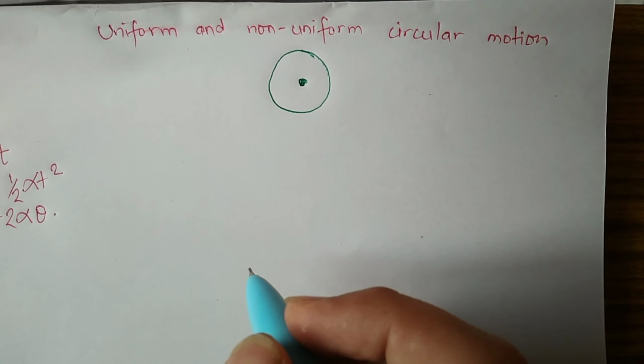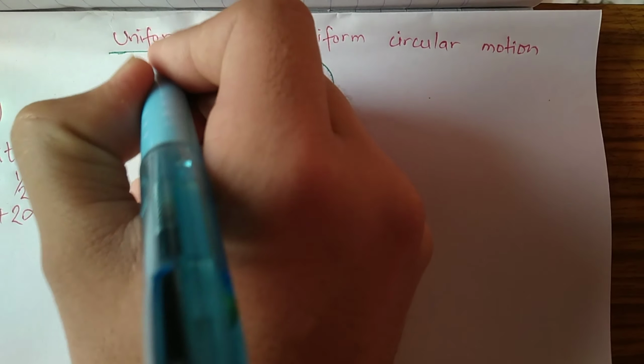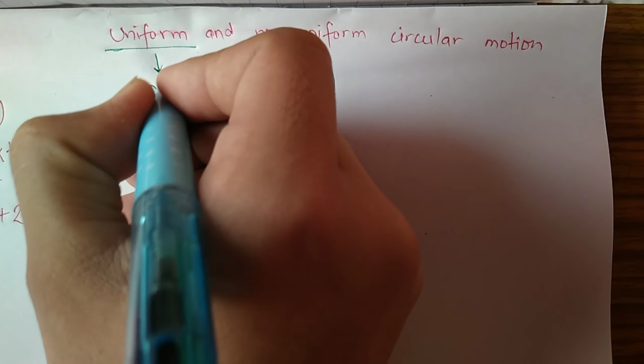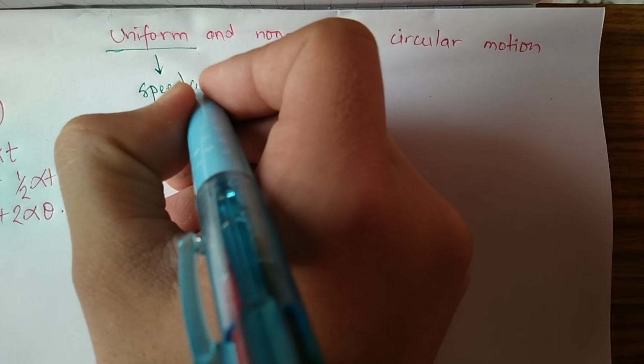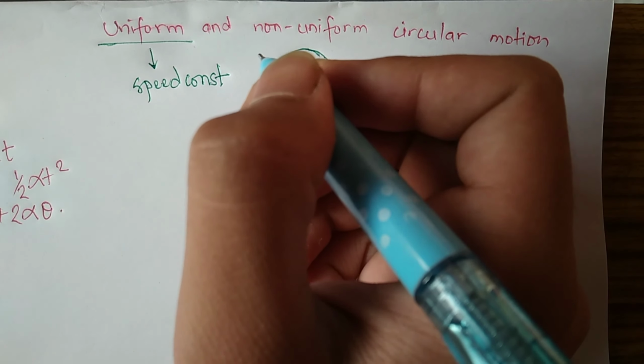Now let's discuss uniform and non-uniform circular motion. In case of uniform circular motion, speed is constant, whereas in non-uniform circular motion it is not constant.